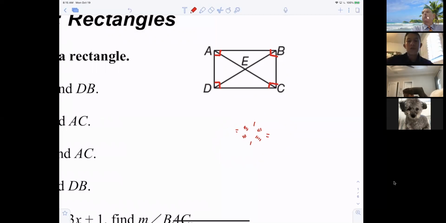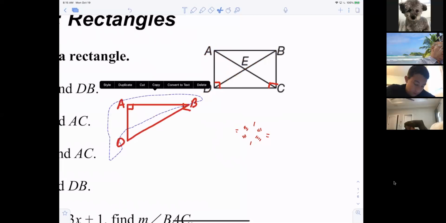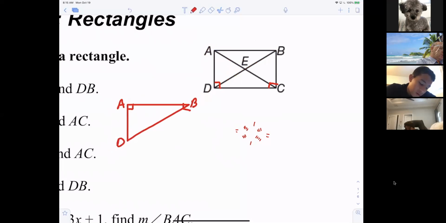Someone tell me. Go ahead, Mr. Stauffer, you're good at this. No, come on. So tell me about this triangle right here. If I say ABD, and now I'm going to move that over here, that's ABD.